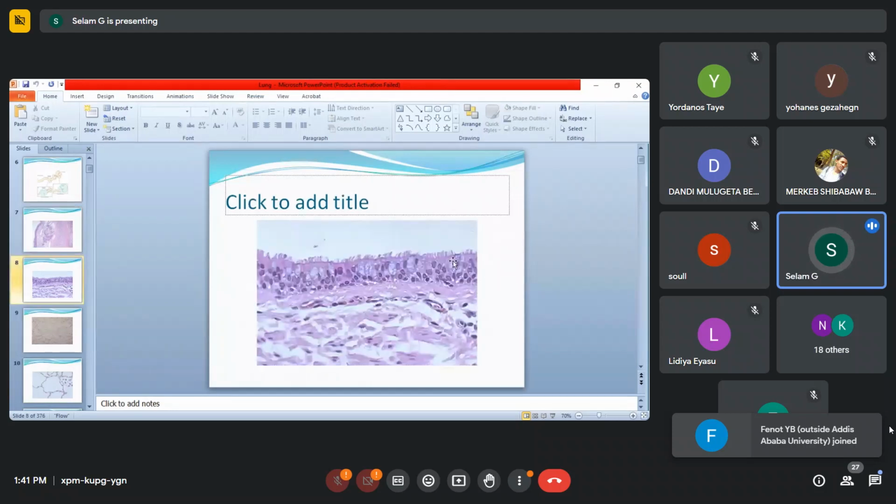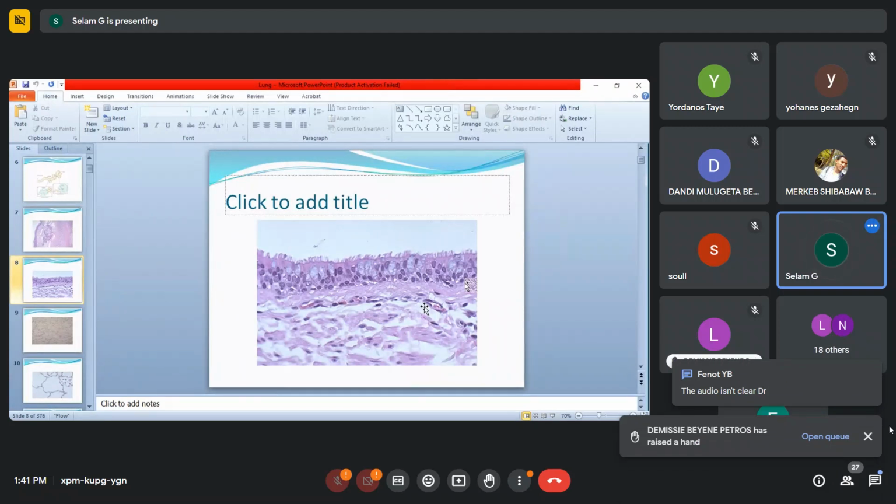You see this ciliated pseudostratified respiratory epithelium. The cilia are very important in removing foreign large molecules which enter by breathing in.